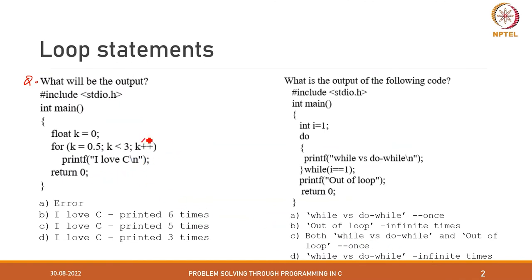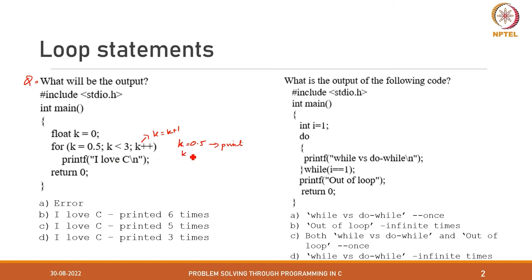So this basically means k is equal to k plus 1. So accordingly, just think about it, how many times it should print. Initially k is equal to 0.5, it will print this statement once.